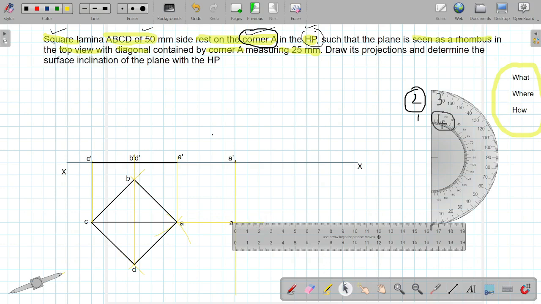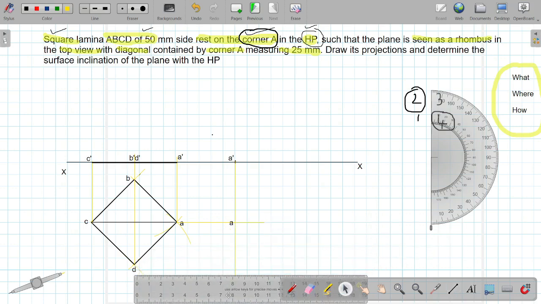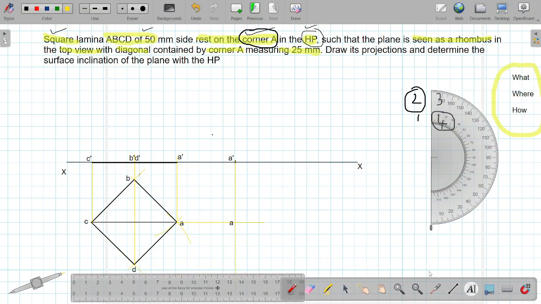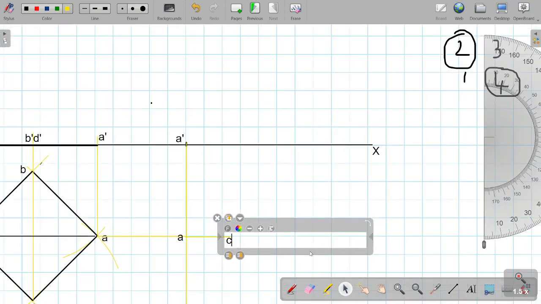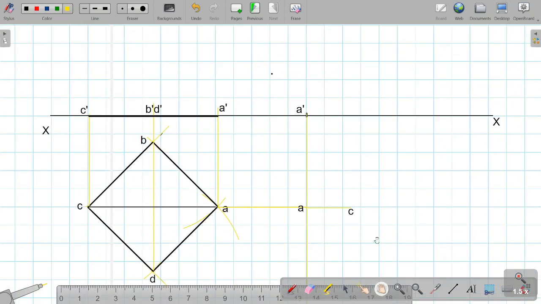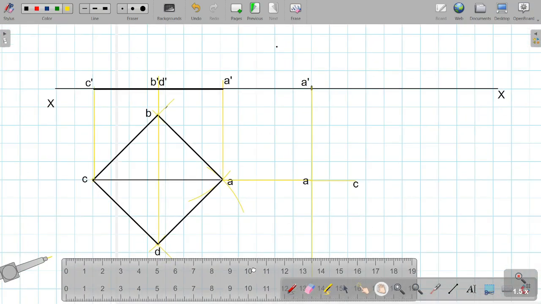So as per the question, this diagonal will be AC. So I will name this as C. Now regarding points B and D, I will just simply take the projections.